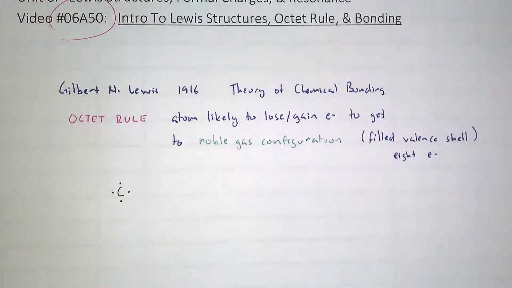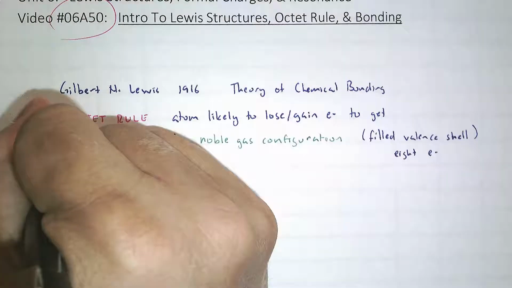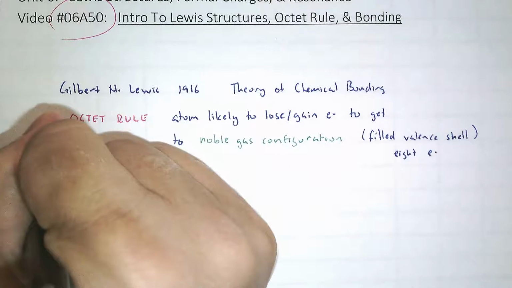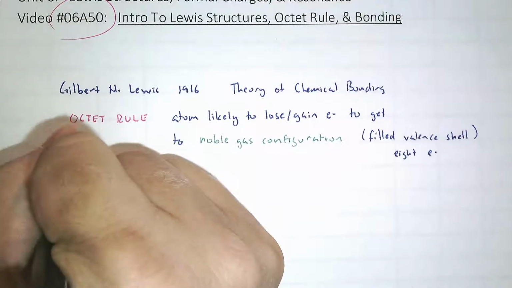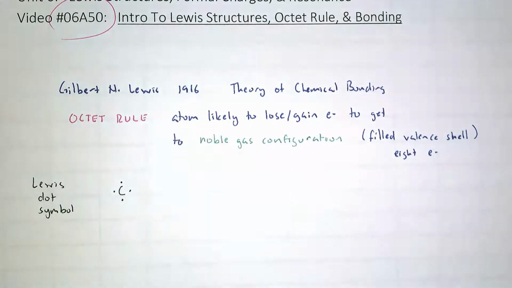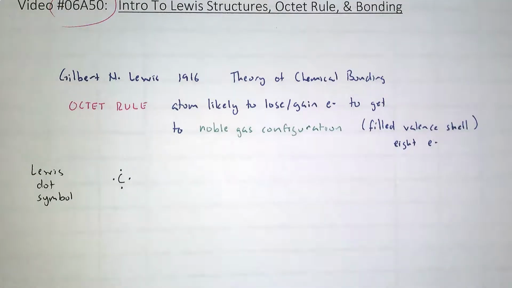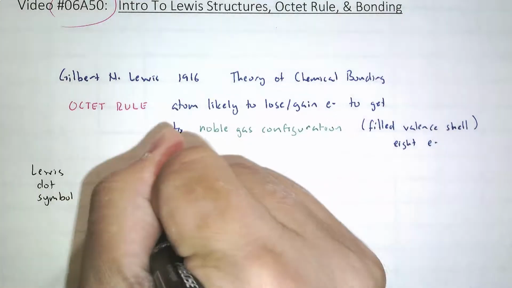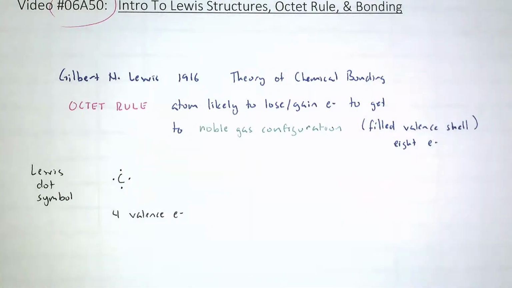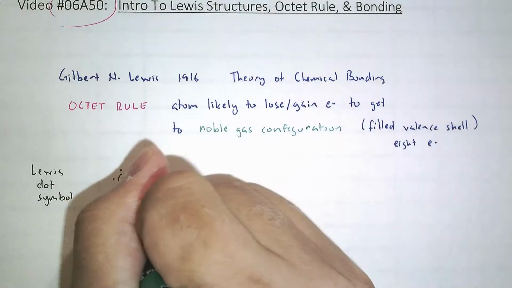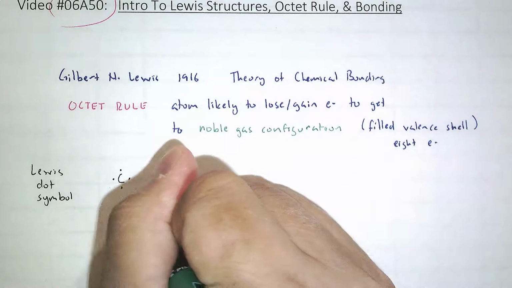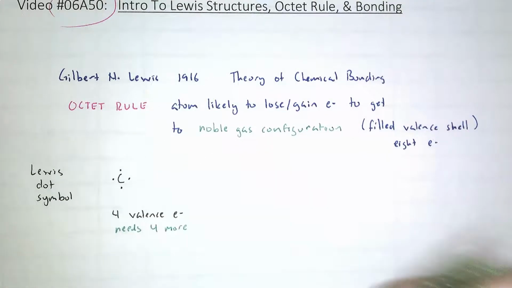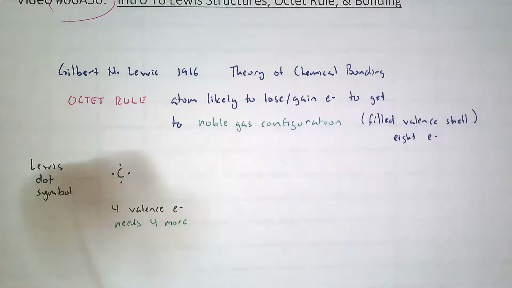Remember Lewis dot symbols? The Lewis dot symbol for just the element carbon. What we see here is that those dots represent the 4 valence electrons. And it needs 4 more to satisfy the octet rule.